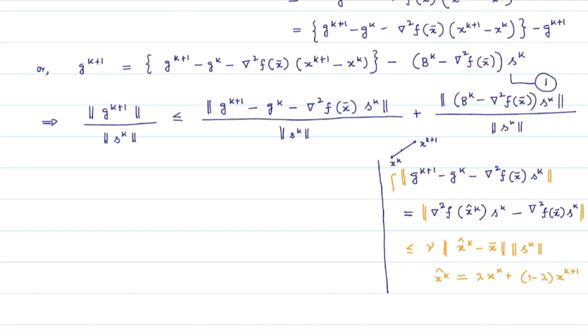So finally, by this inequality, we will have here that this left hand side, norm of gk plus 1 divided by norm of sk, is less than or equal to this quantity gamma times norm of, instead of lambda I must have taken here subscripted k, to indicate that this x hat k is for the index number k.